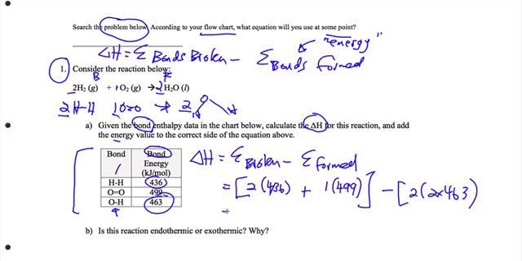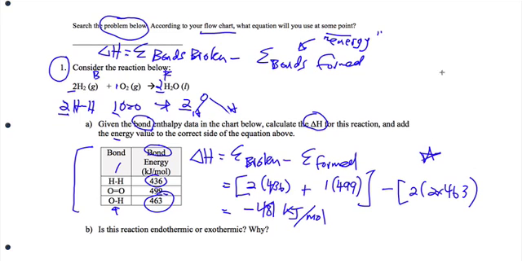And when you do this all out, you get negative 481 kilojoules per mole. It's really important to pay attention to this part right here because OH happens twice in H2O. So that's why you had 2 H2Os, but really 4 OH bonds.